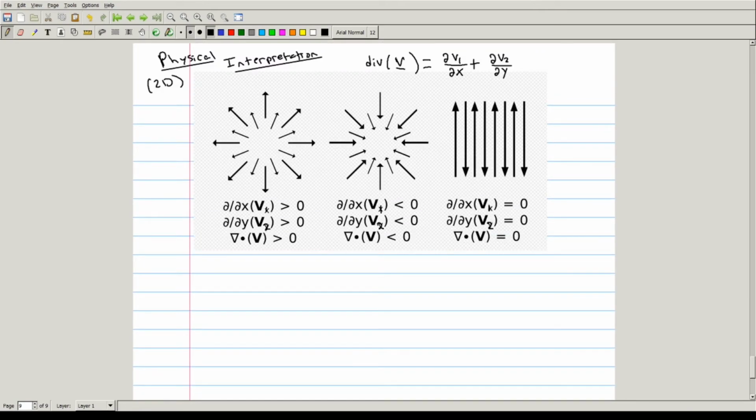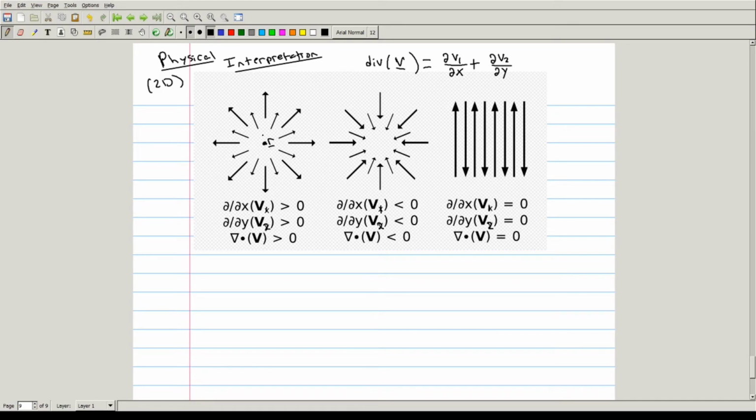And at a given point, say R, if the x partial derivative at R is positive and the y partial derivative at R is positive, then that's going to mean the divergence is positive. And in general, we can think of R as a source point.